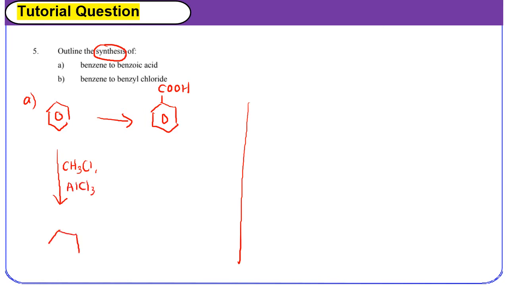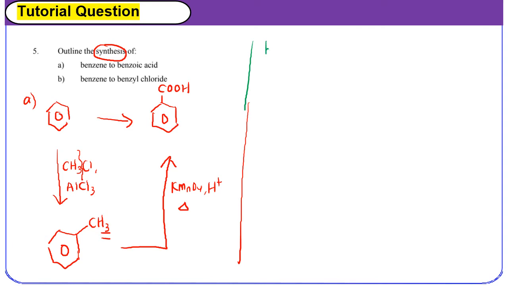The bond breaks between CH3 and Cl, and the partially positive CH3 attaches to the benzene. Then this methylbenzene undergoes oxidation using hot acidified KMnO4. Since it has benzylic hydrogen, it will produce benzoic acid.